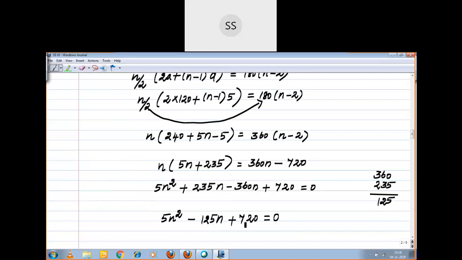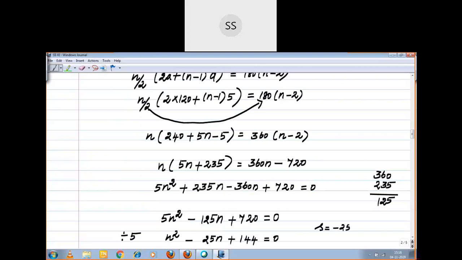In the quadratic equation, everything is a multiple of 5. So, you should divide by 5 throughout the equation. Then what can you get? n square minus 25n plus 144 equal to 0.